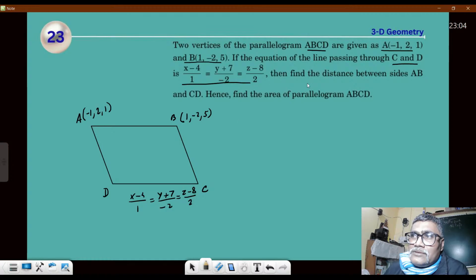Now they are asking you to find the distance between side AB and CD. AB and CD, you have to find the distance between them. Now, how would you decode it? That's the only thing. I have to find the distance between them. So, what distance? They are nothing but perpendicular distance.